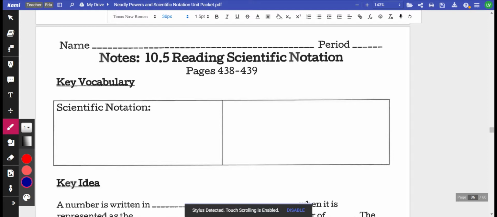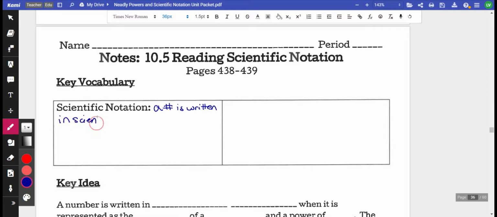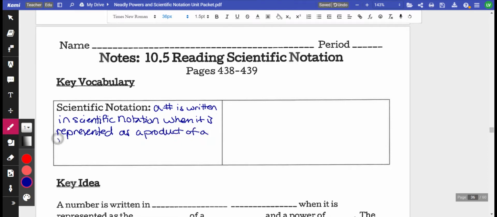So this is a number is written in scientific notation when it is represented as a product of a factor and a power of 10.